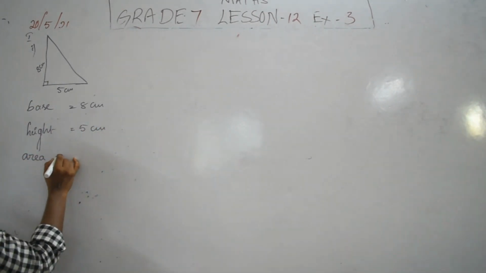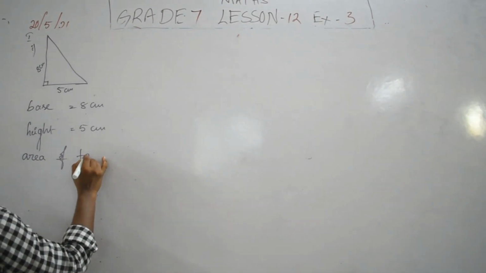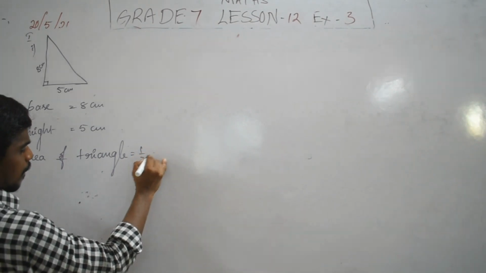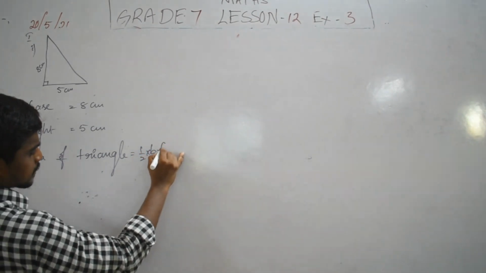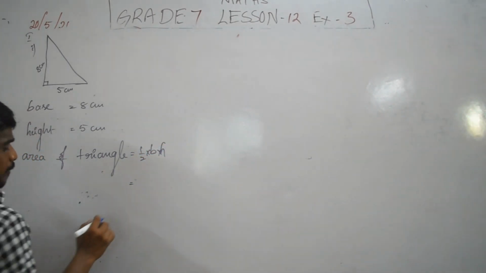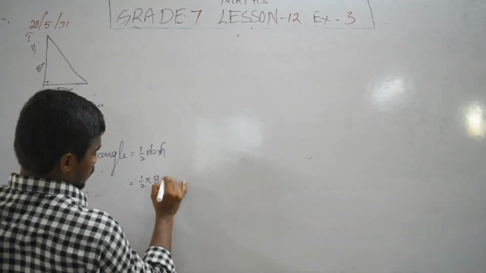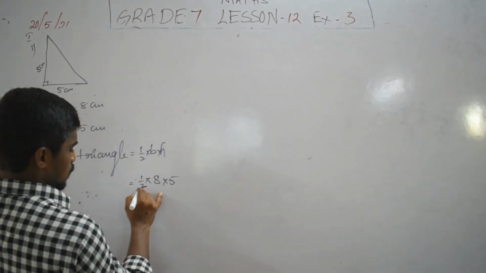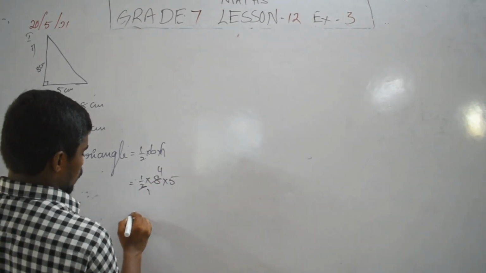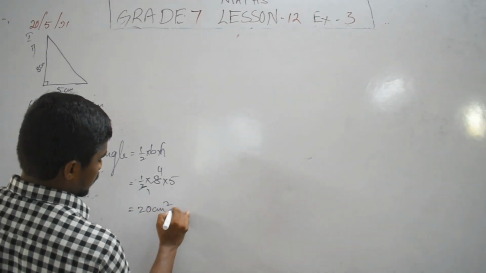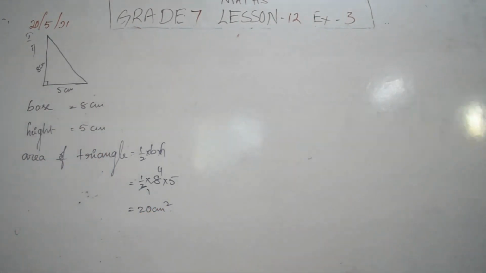Area of the triangle equals half cross base cross height. Half cross base, how much? 8. Height how much? 5. 2 1s are 2, 2 4s are 4, 4 5s are 20 centimeters square. Next one.